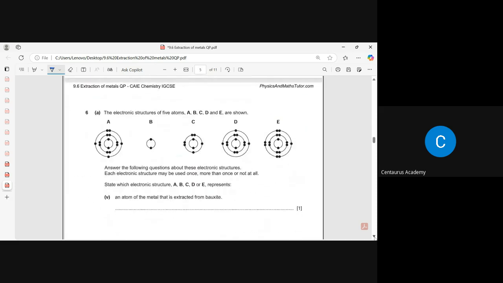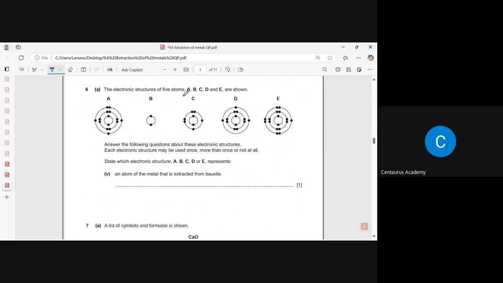The electronic structures of 5 atoms, A, B, C, D, and E, are shown. State which electronic structure represents an atom of the metal that is extracted from bauxite. Easy question.